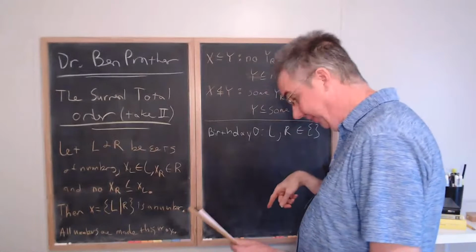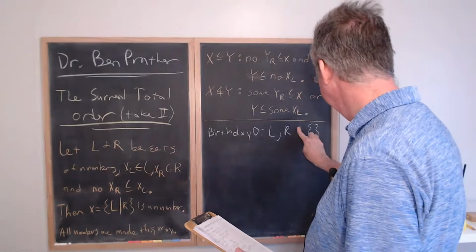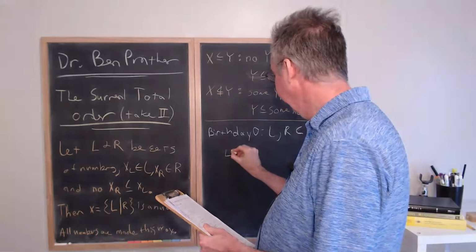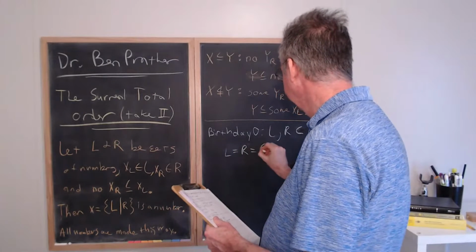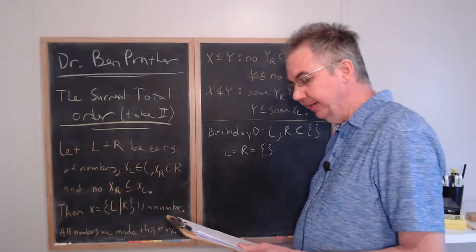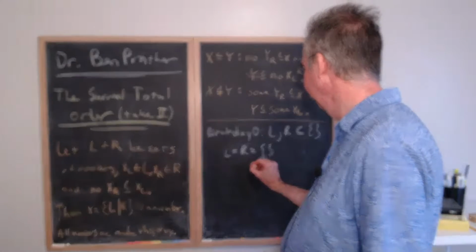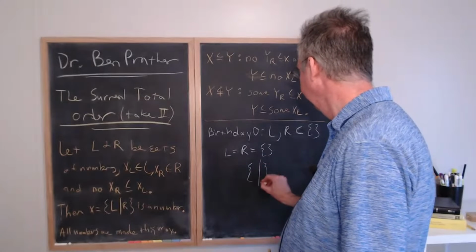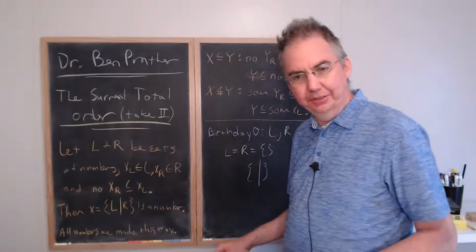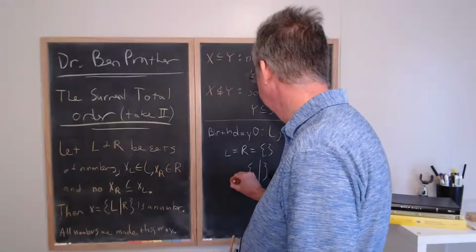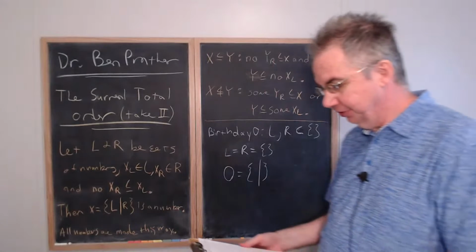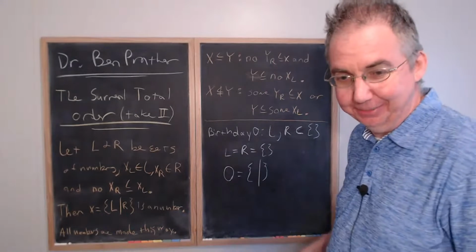If they're subsets of the empty set, then L equals R equals the empty set. And so the only possible number is this number where both L and R are empty sets. Just for symbolic notation, let's give it a symbol that looks like a slightly elongated zero, or circle rather. It's actually going to turn out to be the number zero.